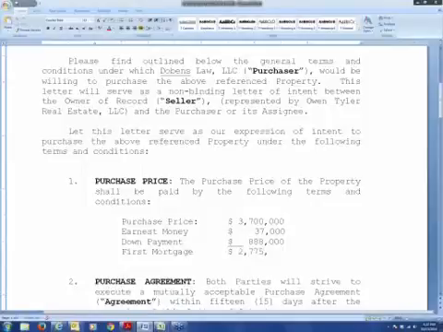Now, why do I do this? Why do I break it out this way? Because I want to show this guy that I am a legitimate buyer, and that I can put down this kind of money, and that I'm coming to the table with some dough, and I'm not buying this property as a no money down transaction.